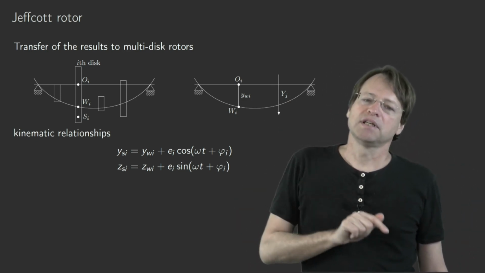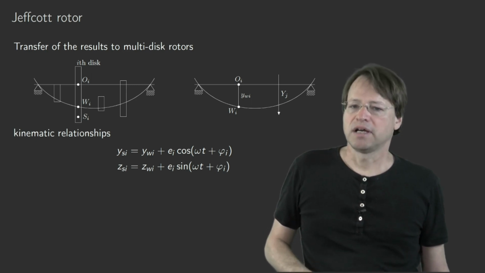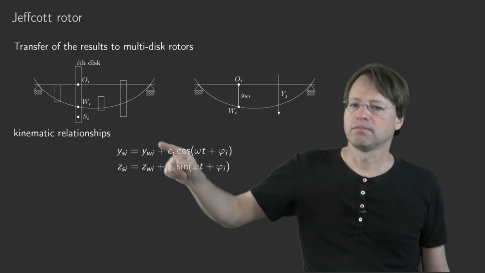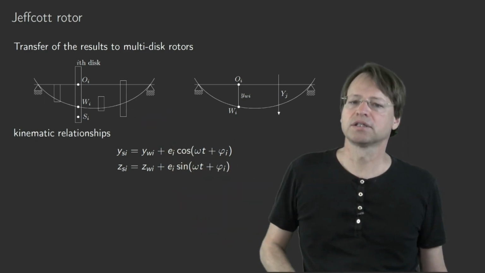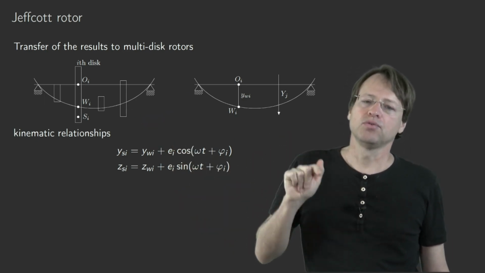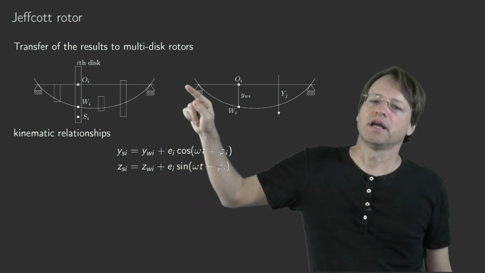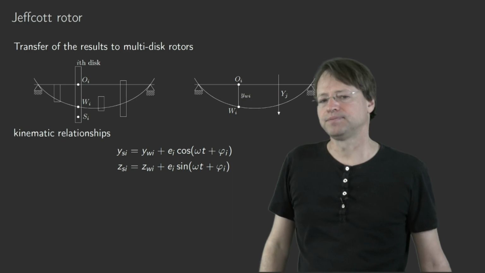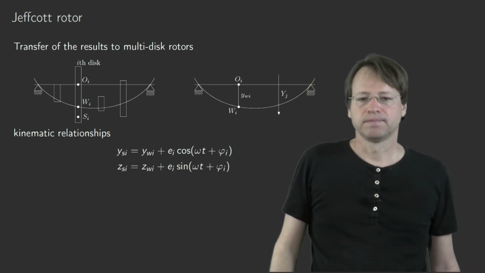The same could be done here. We apply a unit force that would be then exerted at the position of one disc, and we compute the response at the position of all the other discs.